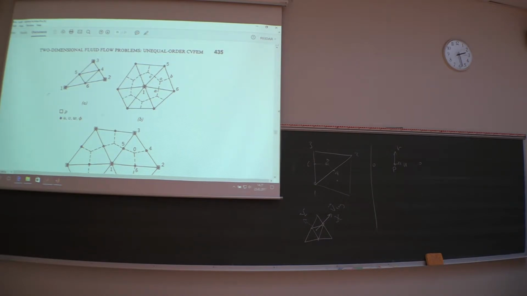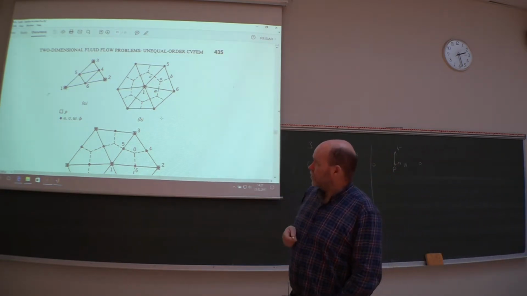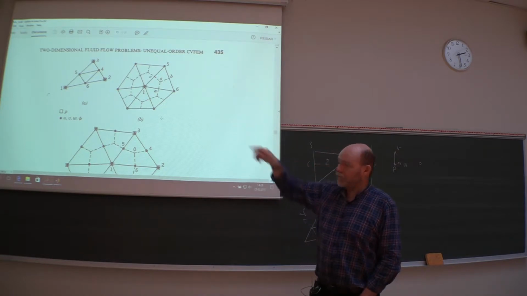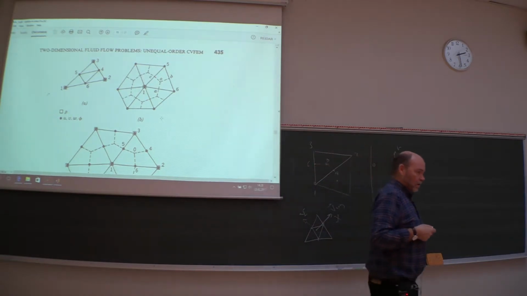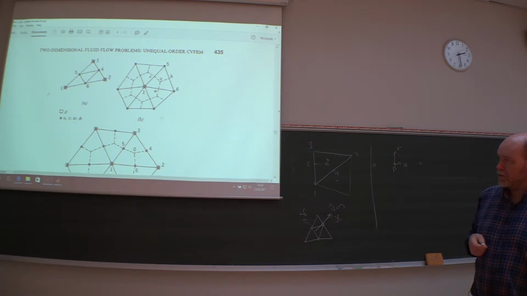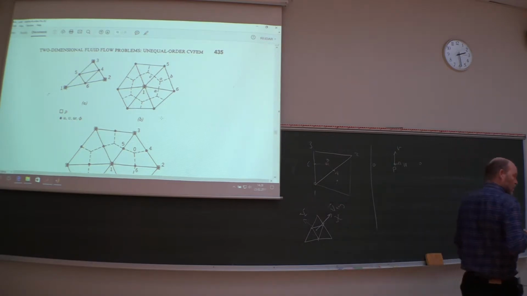So here you see it. For the coarse mesh system, the open squares, that is the pressure. So for the triangle to the left, only 1, 2, and 3 will have pressure and velocities. But on the sub-mesh level, 4, 5, and 6, there we have only the velocities, not pressure.